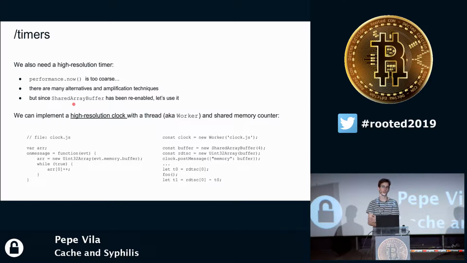But the best thing is to use SharedArrayBuffer. I don't know if you know about this. When Spectre was discovered, browsers disabled this by default, but this is an easy way to have a high-resolution clock in JavaScript. You have a shared memory, you use a thread, and the thread will run a counter that emulates the clock.